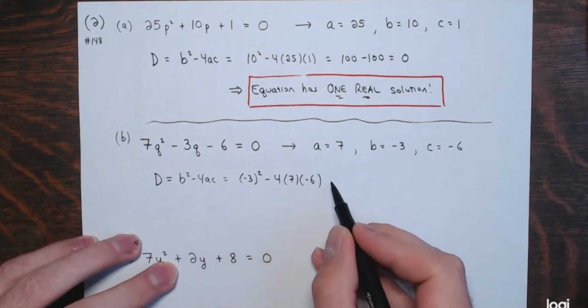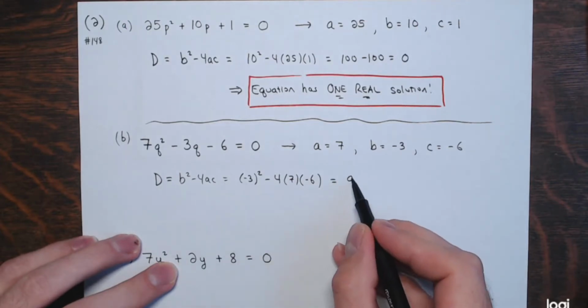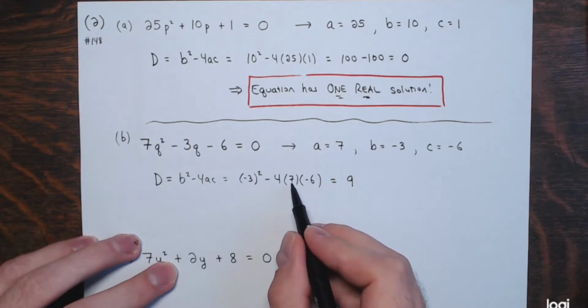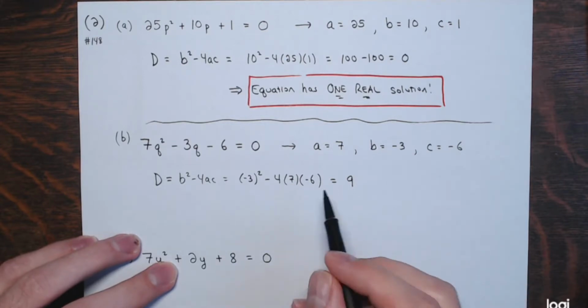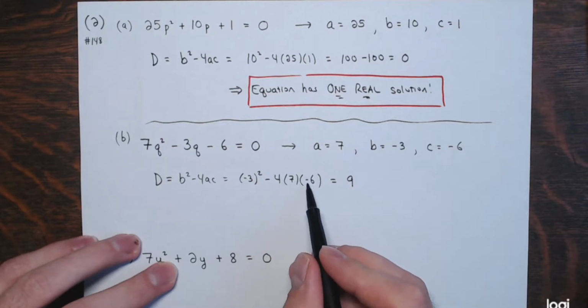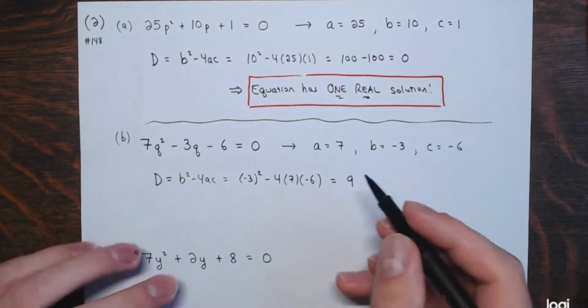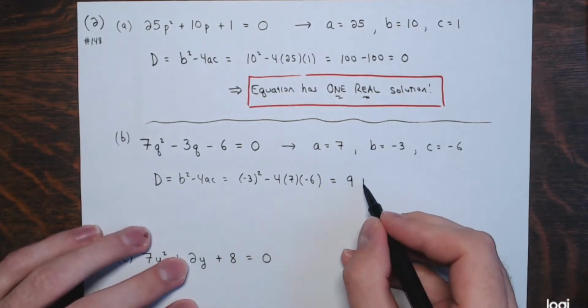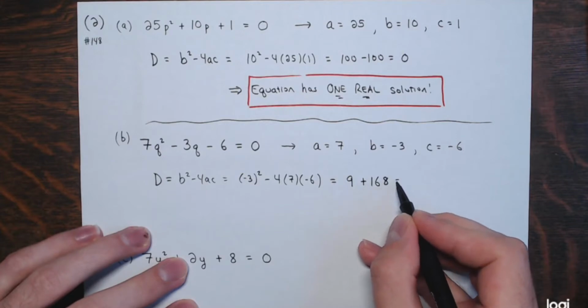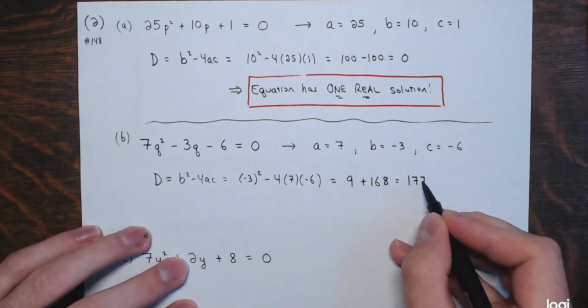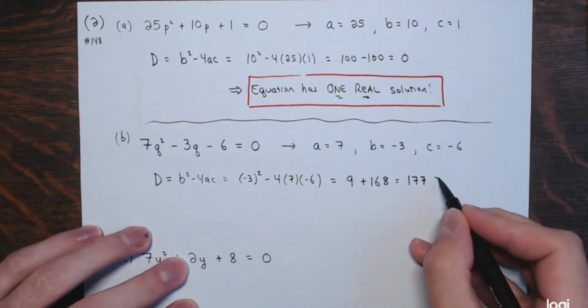This will be positive. Right, this is 9, and then we have negative times negative here, which will be positive, and then times positive 7. But that's negative 28 times negative 6. That would be 168. Right? 4 times 42, 168. Putting together, you get 177 for the discriminant, which is positive.